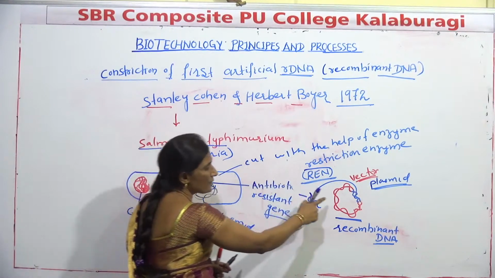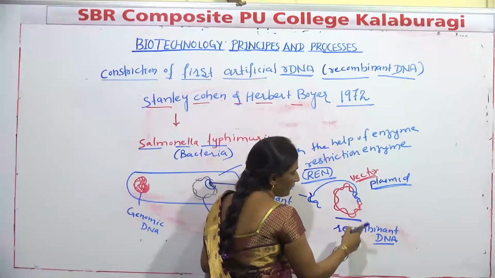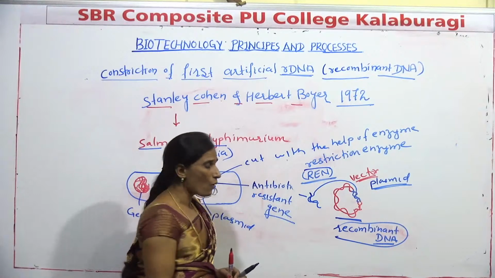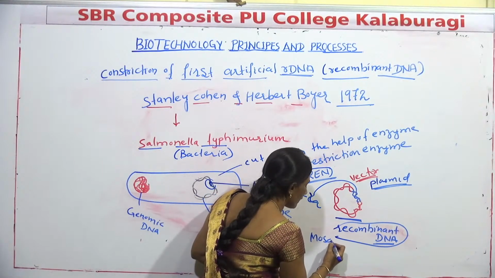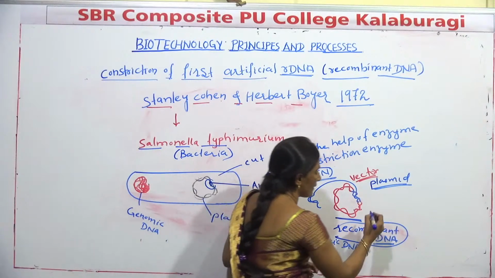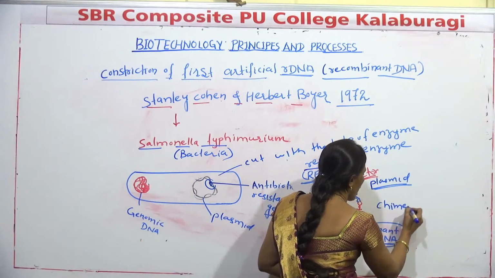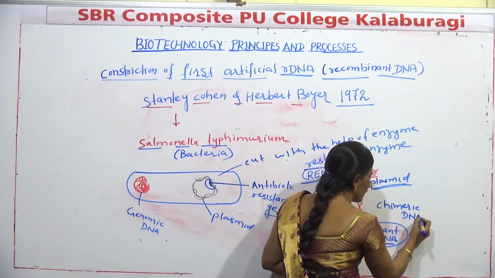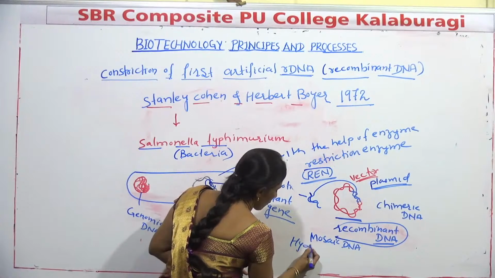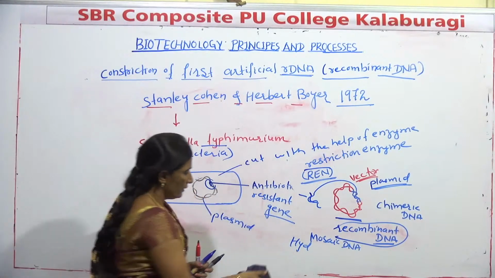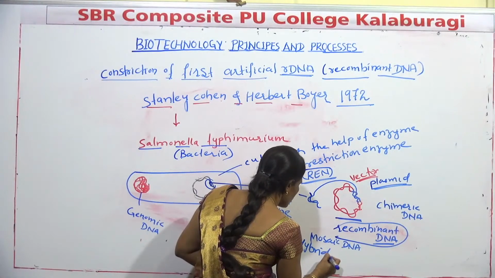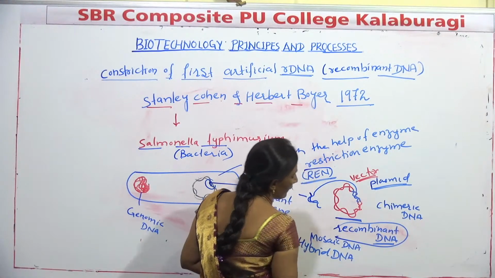They insert it into the vector, and now it is called recombinant DNA, or it is also called mosaic DNA, or chimeric DNA, or hybrid DNA.